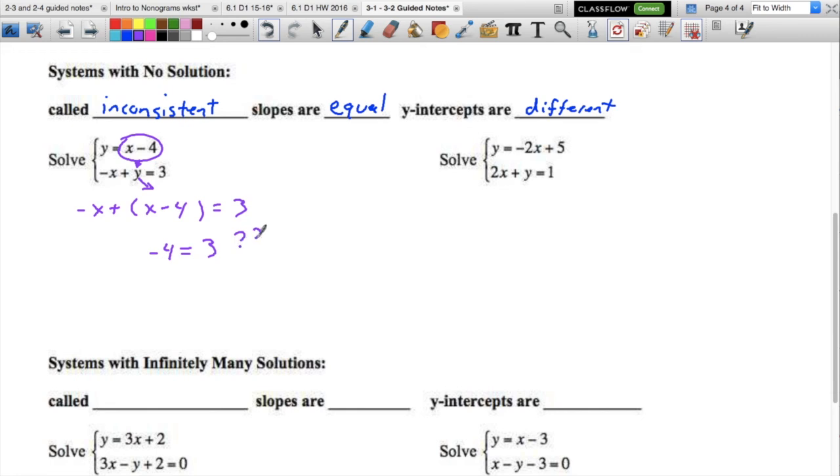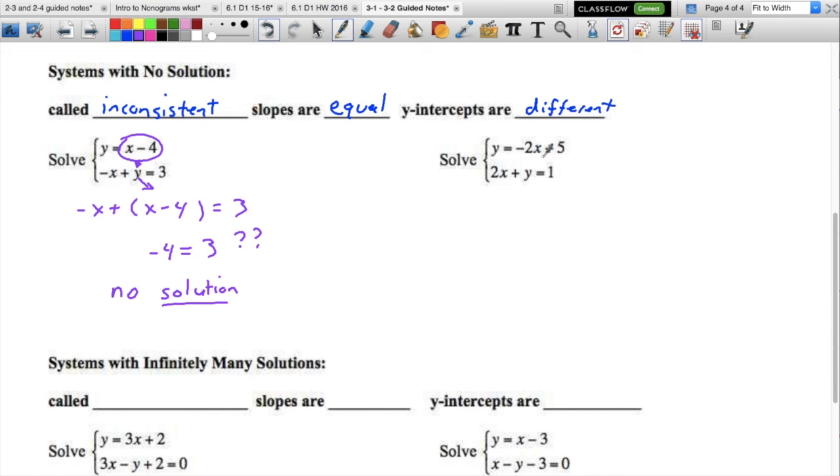Huh? What does that mean, negative 4 equals 3? That's not true. So what do you say, no solution? Exactly. If this were a true statement, we could say infinitely many solutions. But this is not a true statement. Negative 4 does not equal 3. So we'd say no solution. This is an inconsistent system. It's no solution. They're parallel lines.